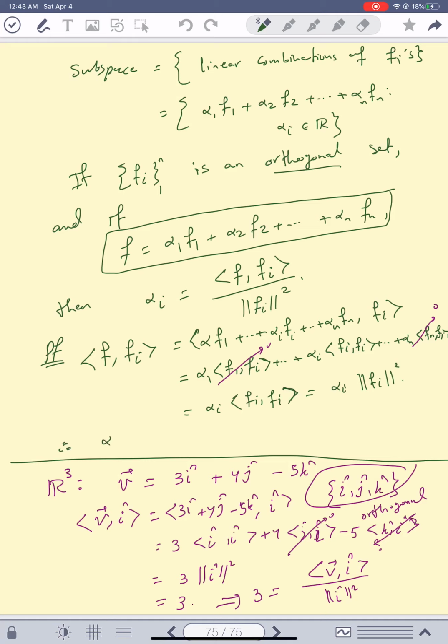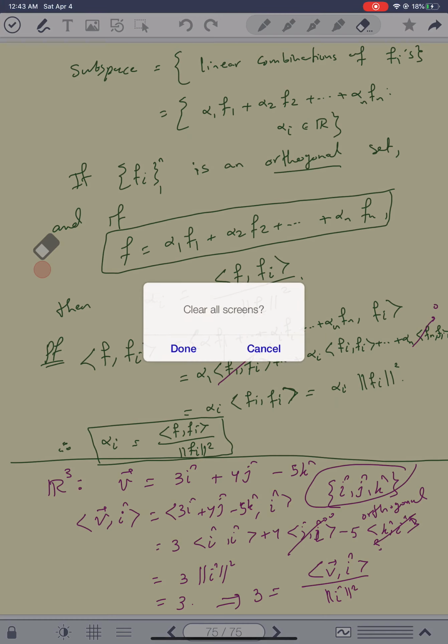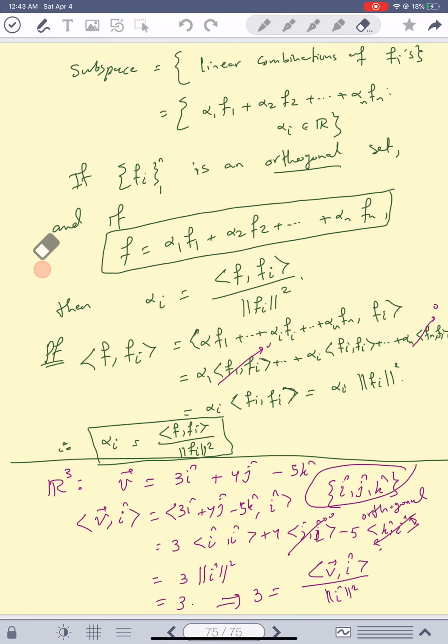So from this, what is the alpha i? If you divide, it is the inner product of f with fi over the norm of fi squared. This is exactly what we have in this formula. So this is the little proof of this formula, and again, this is just the extension of the well-known result for vectors. Let's delete this.